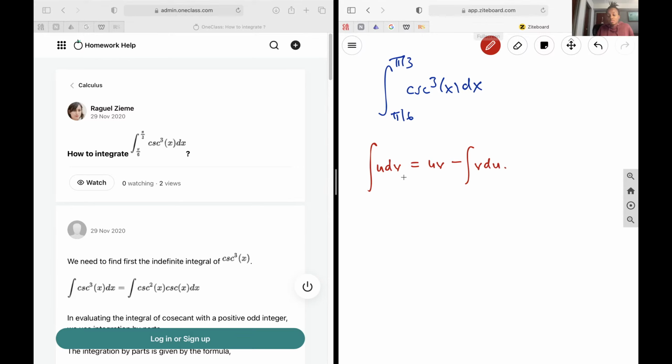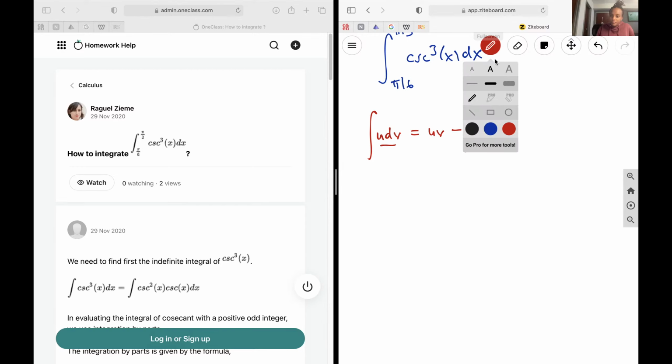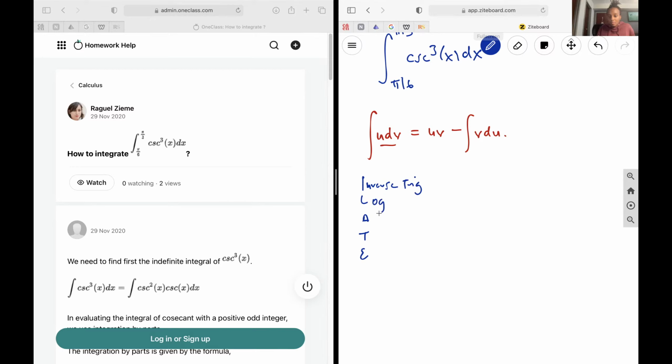So now we need to make our choices for u and dv based off of what we have here, so that we can figure out what our du and v are going to be and write out our formula. And so we can choose what our u and dv are going to be according to this little acronym here, which is ILATE, and that is inverse trig, logarithms, algebraic expressions, trig expressions, and exponential.